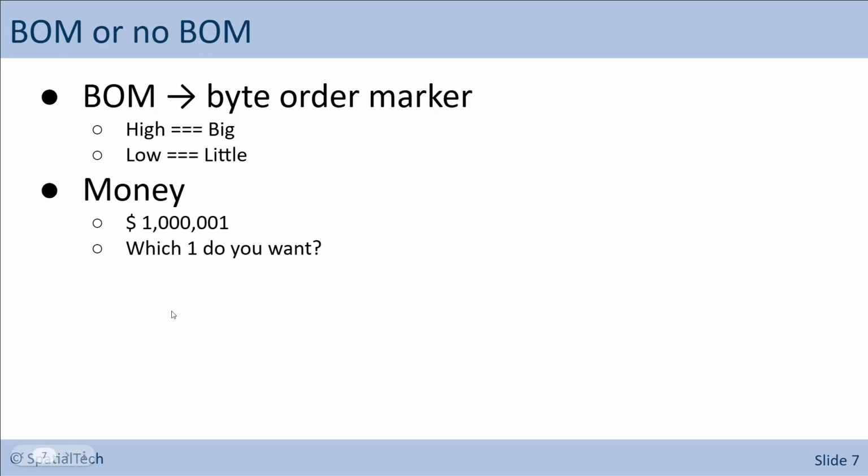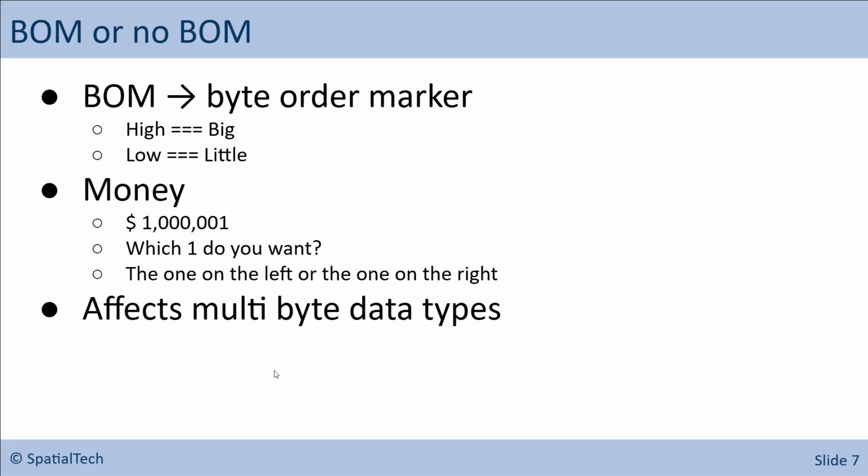So there is an accepted way of writing and determining money and how we order it. And this is what byte order is about. High big versus low little. So would you want the one on the left or the one on the right if you can only choose one of them? I'll leave your choice up to you.